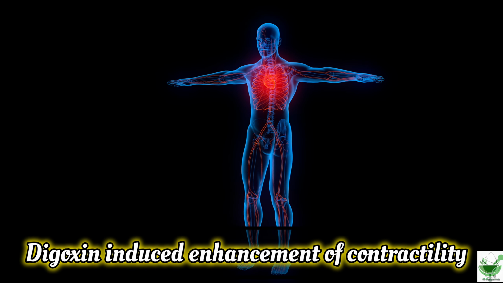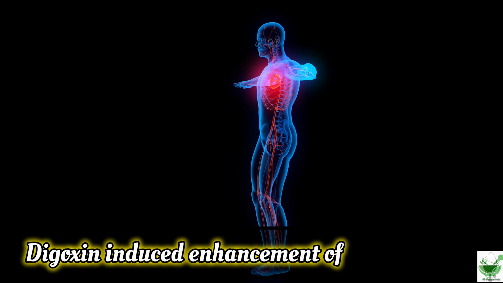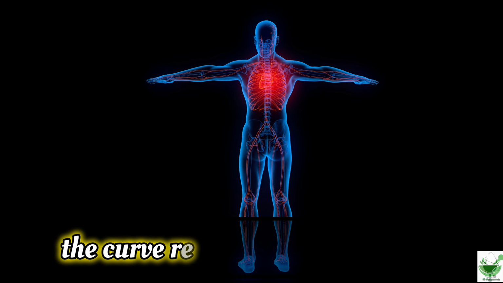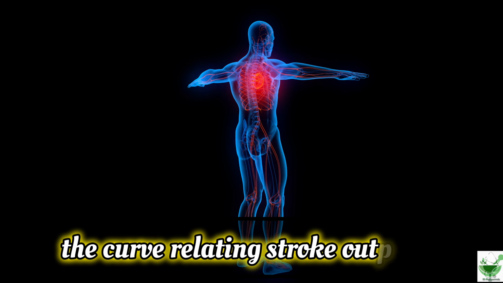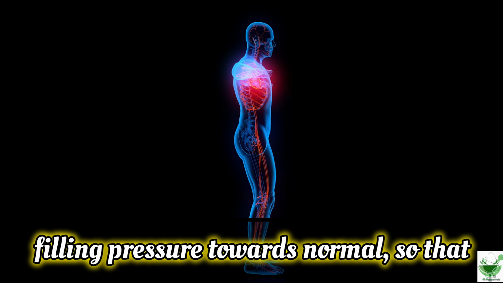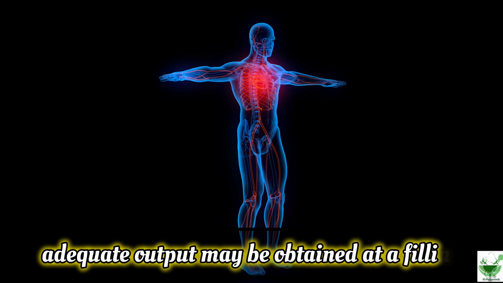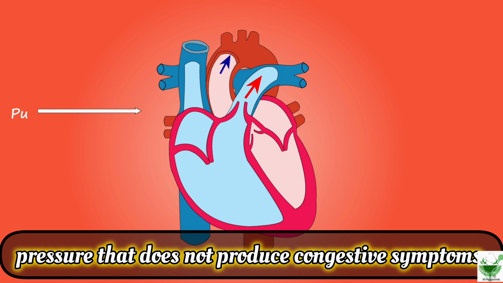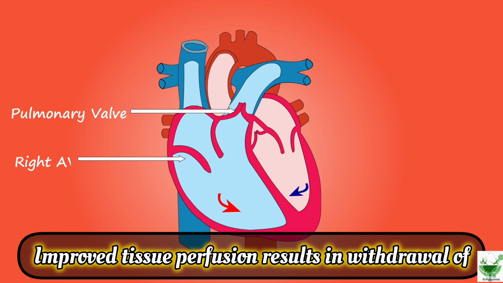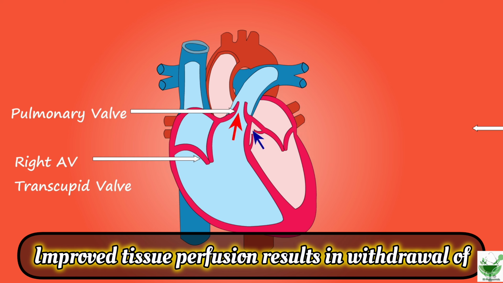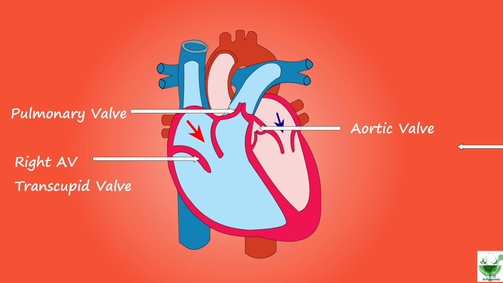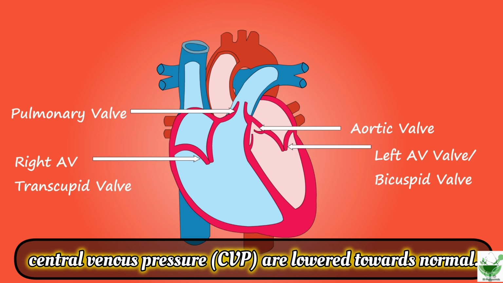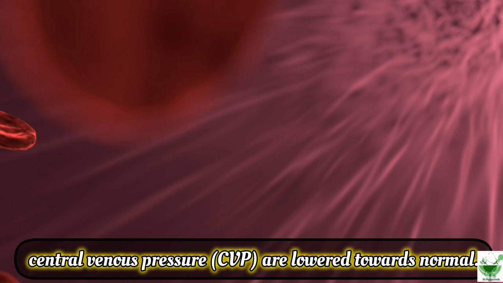Digoxin induced enhancement of contractility increases ventricular ejection and shifts the curve relating stroke output to filling pressure towards normal, so that adequate output may be obtained at a filling pressure that does not produce congestive symptoms. It improves tissue perfusion and results in withdrawal of sympathetic overactivity, so heart rate and central venous pressure are lowered towards normal.